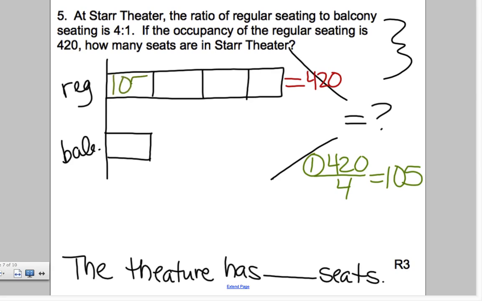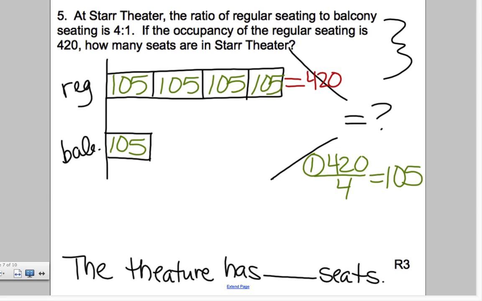If these 4 boxes are equal to 105, what is the part down here worth? 105. They're all equal parts. All right, so now, what kind of calculation could we do? Do we have enough to answer our question? We want to make sure we can answer that.